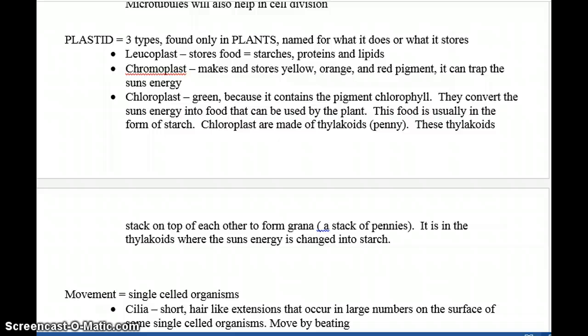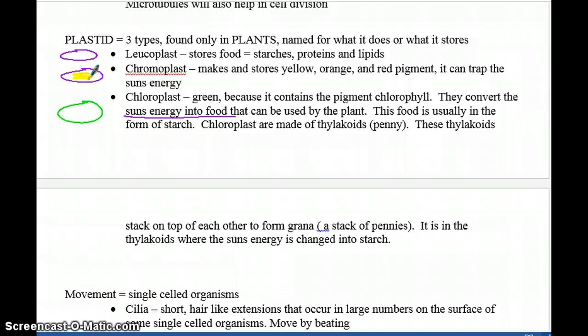And then the chloroplast, which takes the sun energy and turns it into food. So the chloroplast's job is to make food. So the leucoplast, the chromoplast, the chloroplast: the refrigerator, the color maker, the food maker.